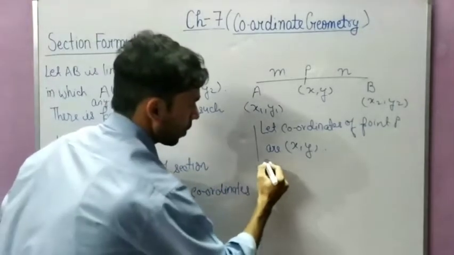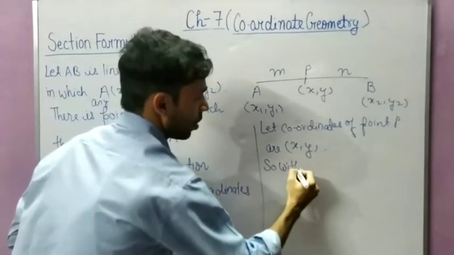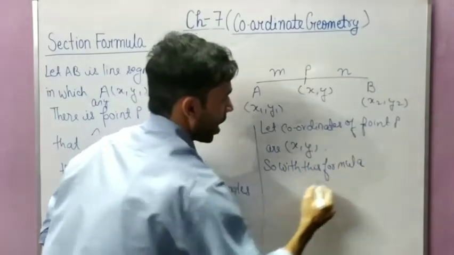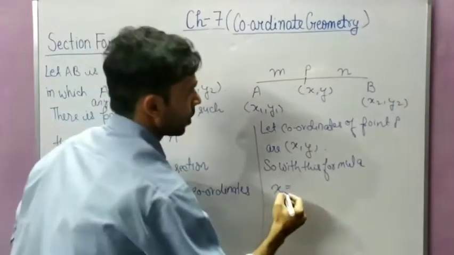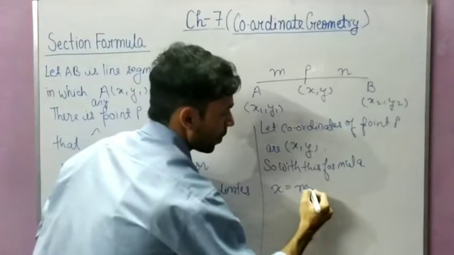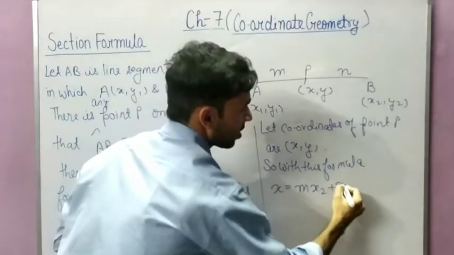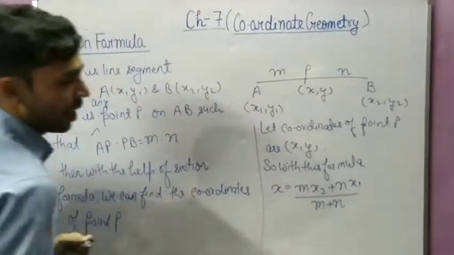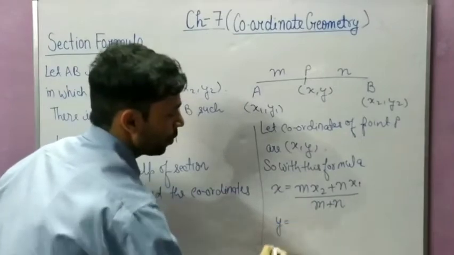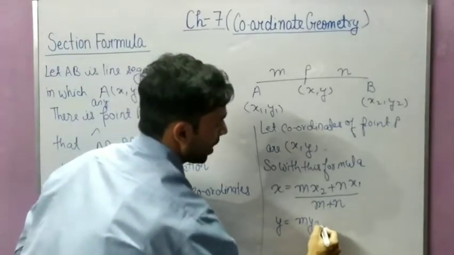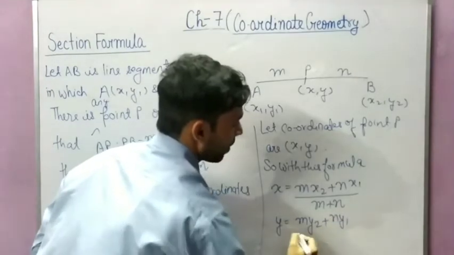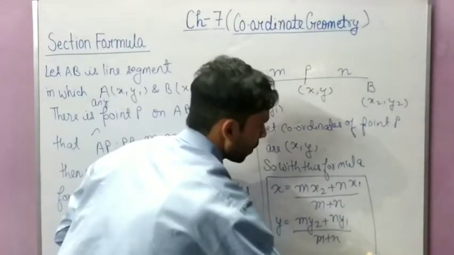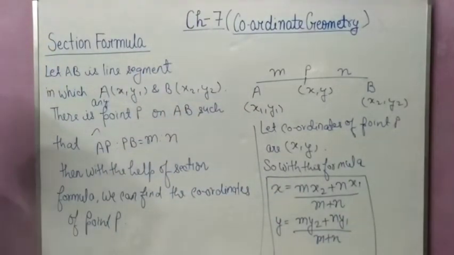With this formula, x will be equal to, see, m x2 plus n x1 divided by m plus n, and similarly y equals m y2 plus n y1 upon m plus n. So with the help of this formula, we can find the values of x and y.